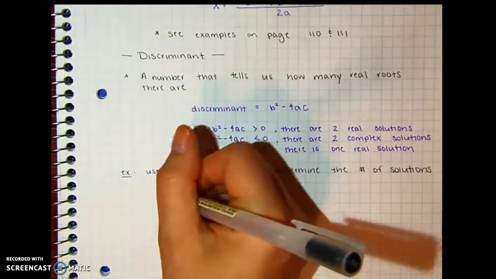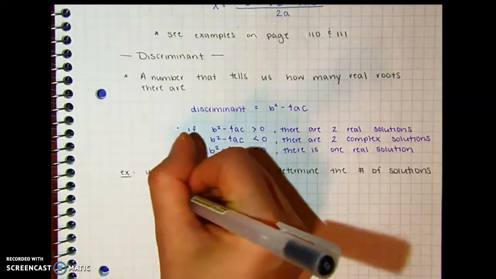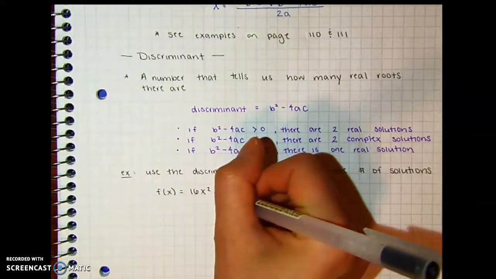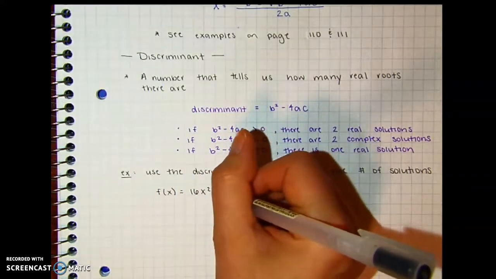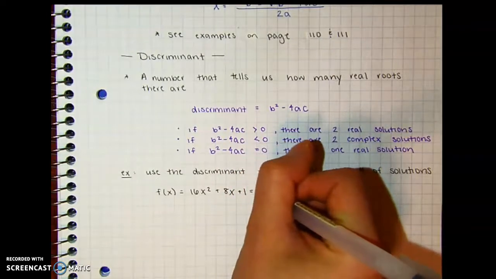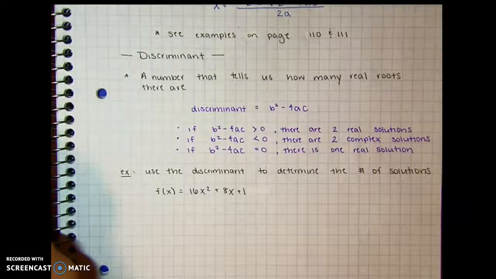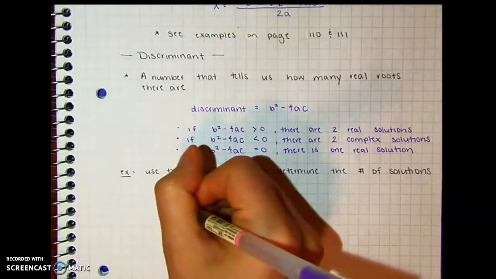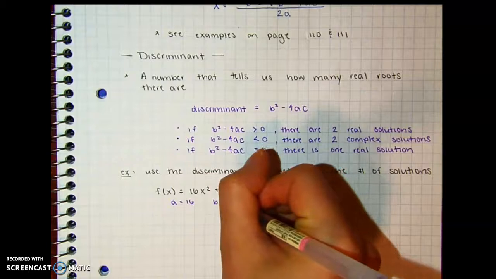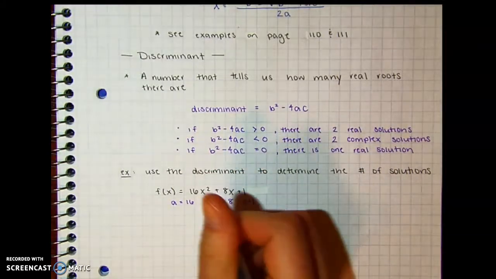So if the quadratic was f of x equals 16x squared plus 8x plus 1, all you're going to do is identify your a, your b, and your c, and substitute them into b squared minus 4ac.